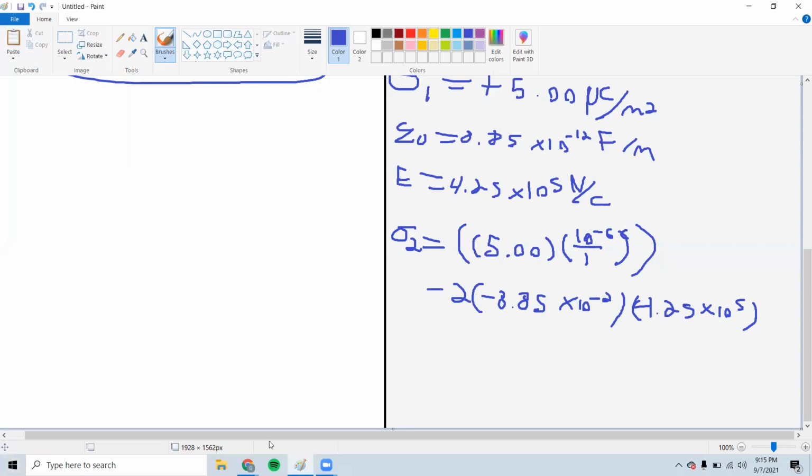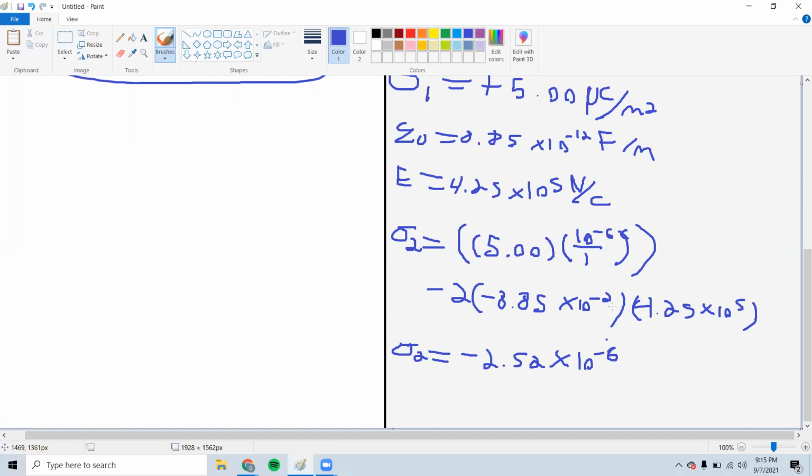Sum this all up and multiply the rest of these, and you get that sigma sub 2 is equal to 2.52 times 10 to the power of -6.